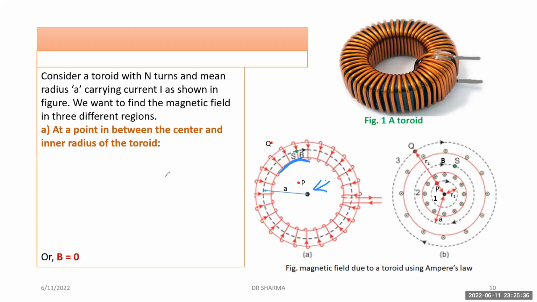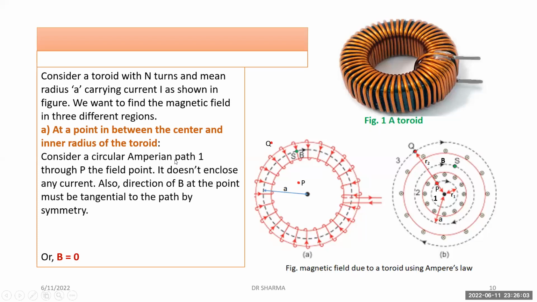The first step is to choose the Amperian loop passing through the same field point. Here, the circle of radius R1 is the Amperian loop. This loop does not enclose any current. So the line integral will be equal to mu naught times the total current enclosed, according to Ampere's circuital law. As the total current enclosed by this loop is 0, the line integral is equal to 0, which implies the magnetic field is equal to 0.